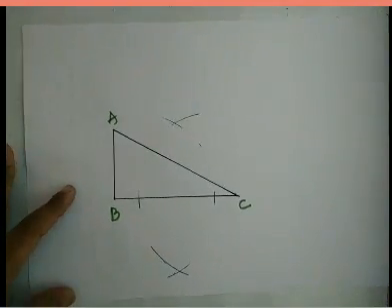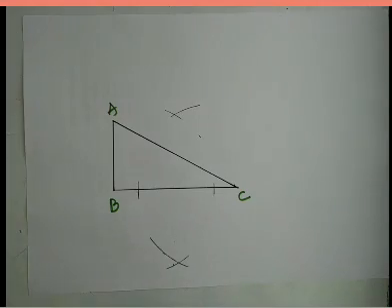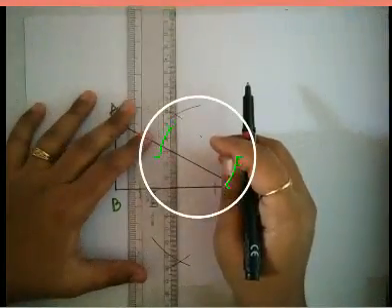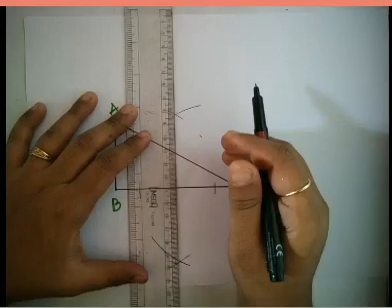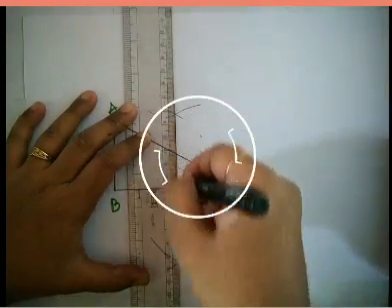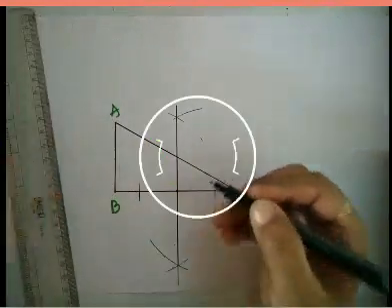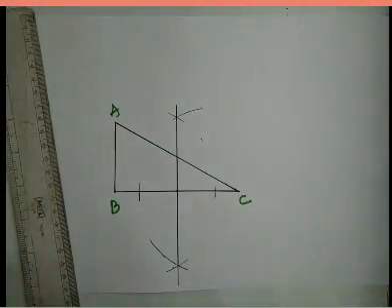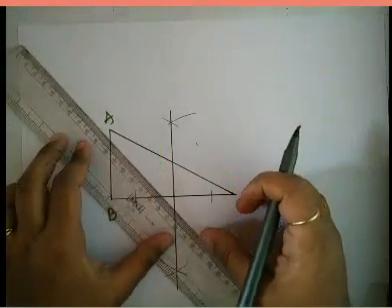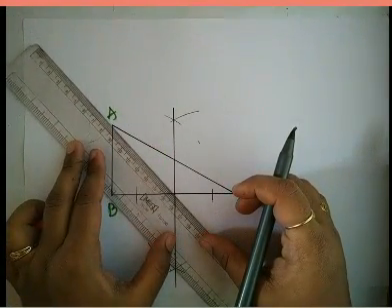So here I have done. Okay, now join these two, the perpendicular bisector, from which you will get the midpoint. So this is the midpoint we have got. This midpoint we will join to the opposite vertex, that is A.